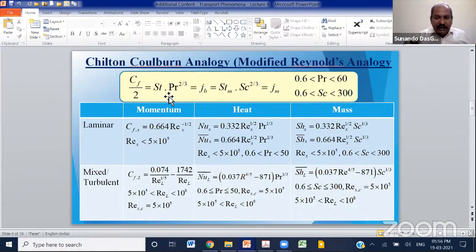So this much I can tell you for the case of convective mass transfer or convective heat transfer in turbulent flow inside a fluidized bed. Similarly, you should be able to find out the value of Cf, the friction factor, in this case as well. So they do not directly fall under the purview of transport phenomena, but the analogy concept is still valid there.